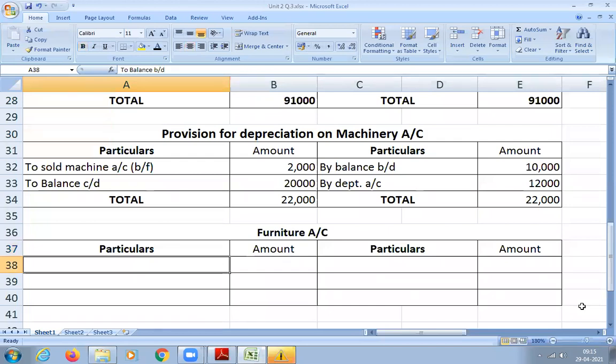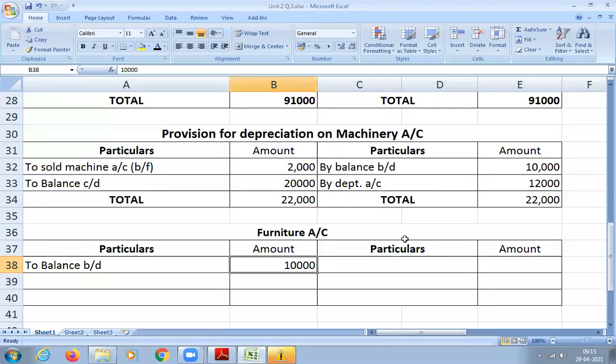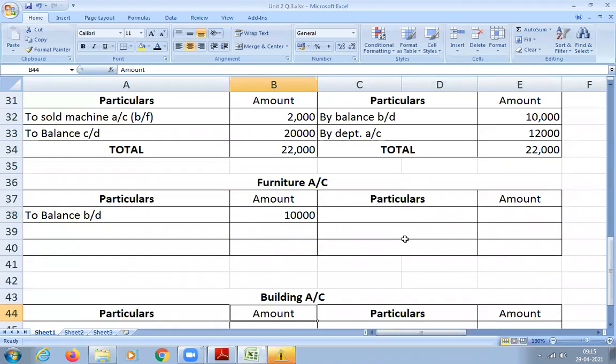Asset will always show a debit balance. So write by balance brought down 10,000. Next, any purchase or sale given? No. But he has given us depreciation. Where should I write it, debit or credit side? Credit side. So write by depreciation account, 4,000.